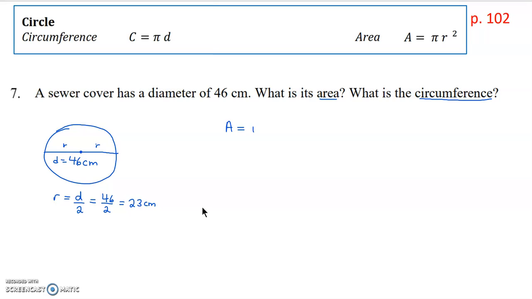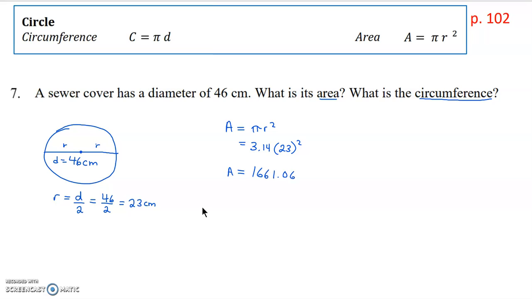So my area is pi r squared, 3.14 times 23 squared. So I'm going to take 23 times 23 times 3.14, and that's going to get me 1,661.06.